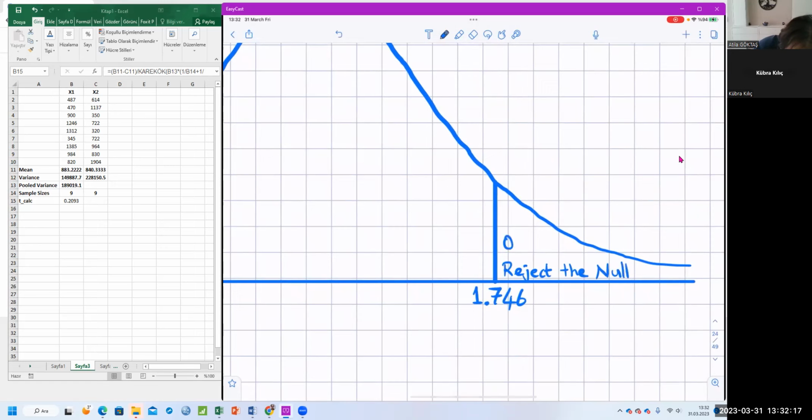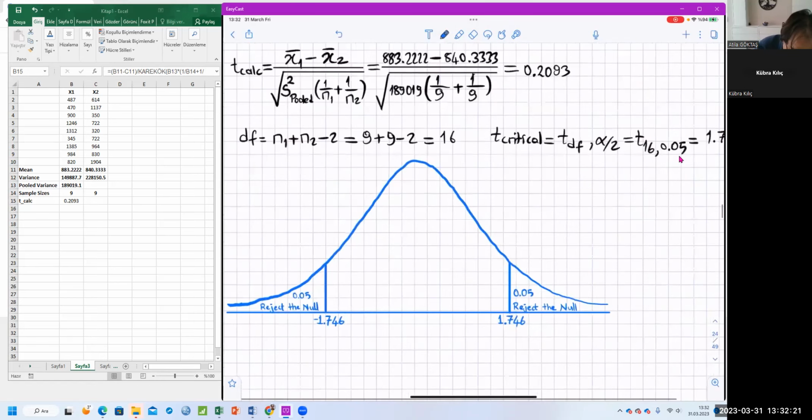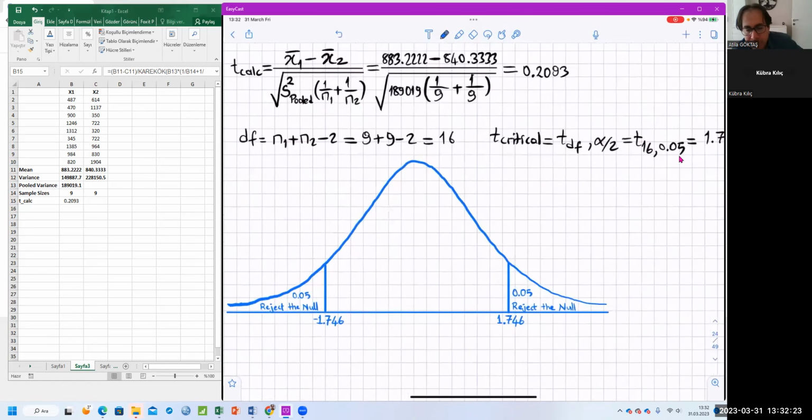And this is the 0.05 level of significance. So the other part, the central part in the graphical display, will be 0.90, and you will have a statement here, do not reject the null.